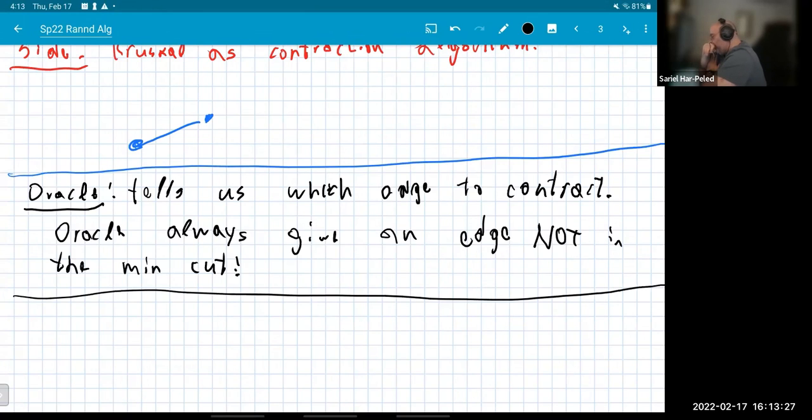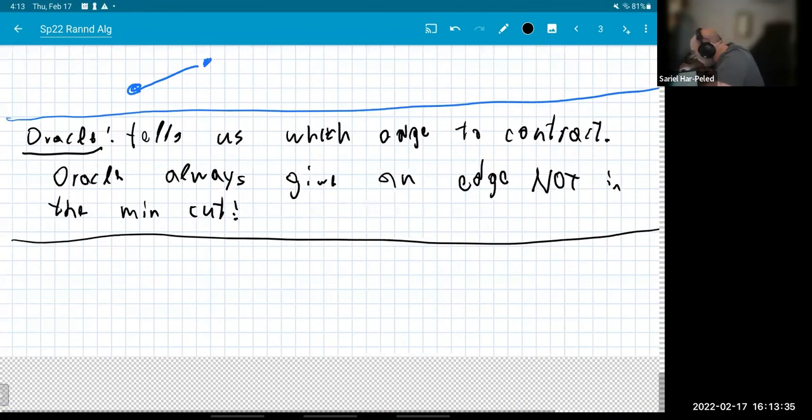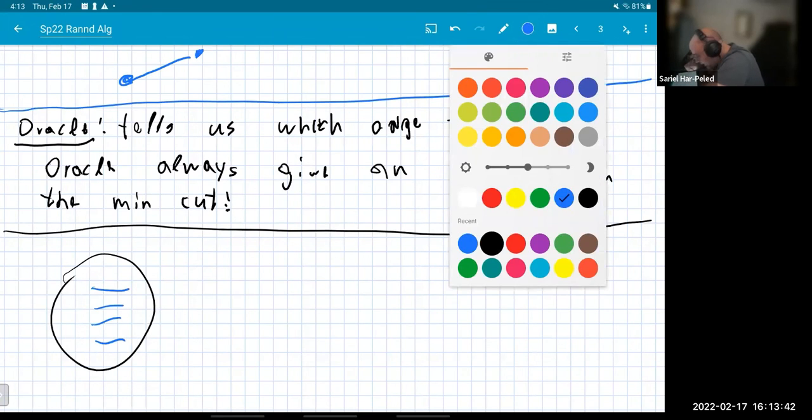So let's see what happens. We have this min cut. We have this set of blue edges in this min cut.